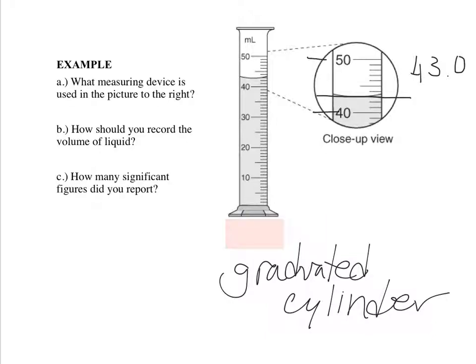In fact, I can go ahead and estimate that one last digit, because you should definitely be able to say the measured value of the 4 and the 3, it's that estimated value to the tenths place. So in this case, we have 3 significant figures. Hopefully that made sense. You've got 2 known digits and 1 estimated.